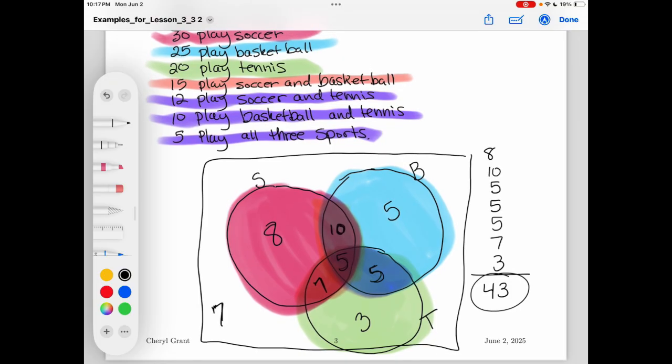So we would say inside the rectangle, we still have 7 people. So there are 7 people that don't play any sports at all. So now we have a total of 50 people in the rectangle for the entire sample, and 43 of them play some kind of sport.